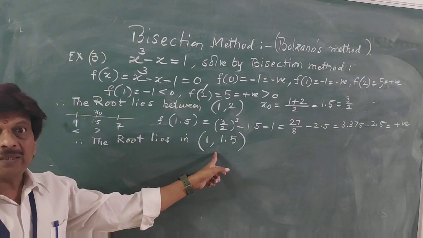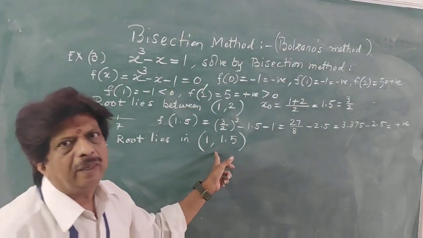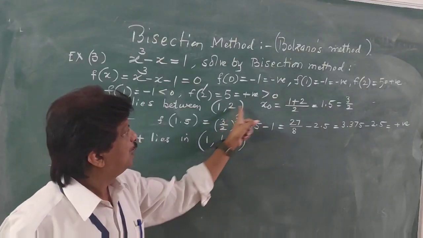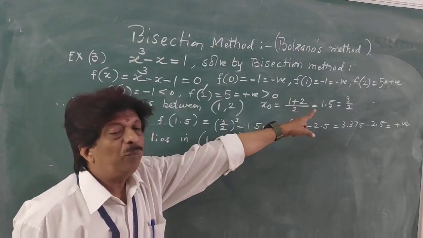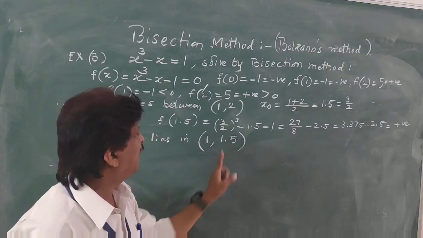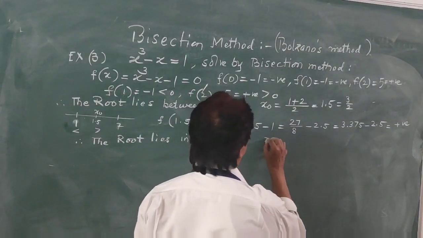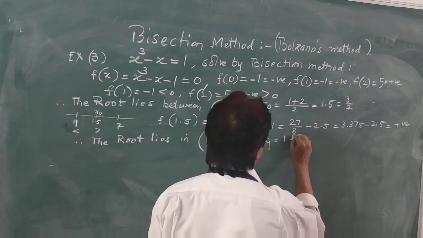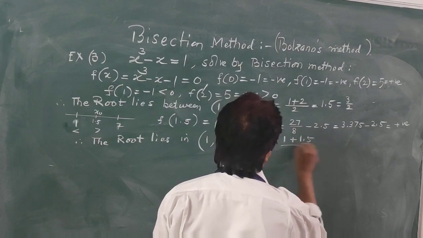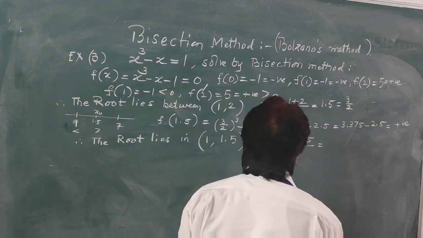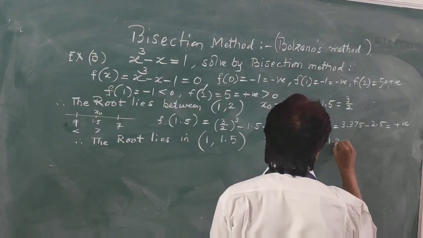Again, we shall bisect this interval. X0 was 1.5, 3 by 2. The bisection of this is now x1. x1 is equal to 1 plus 1.5 divided by 2. It is 1.25.